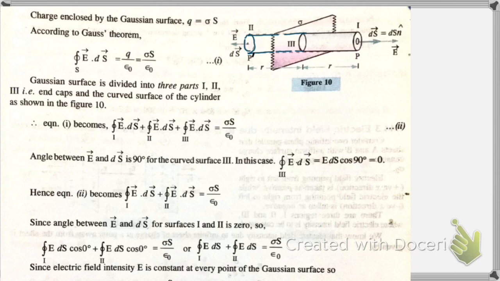This is the very small element, area element ds. Its area vector is pointed in this direction, and this is the direction of electric field. And here this n cap represents unit vector along the area vector, right? So, the distance of this point P is r from the sheet, right?